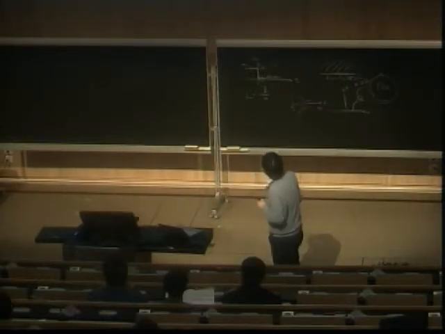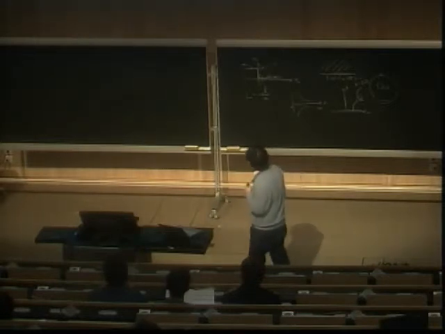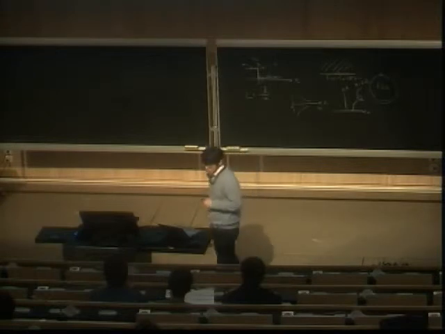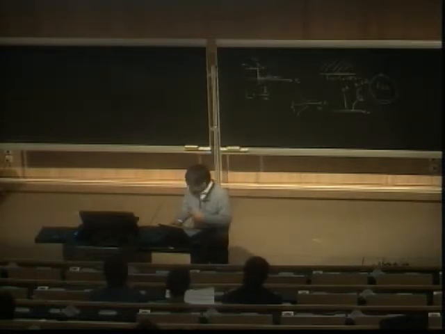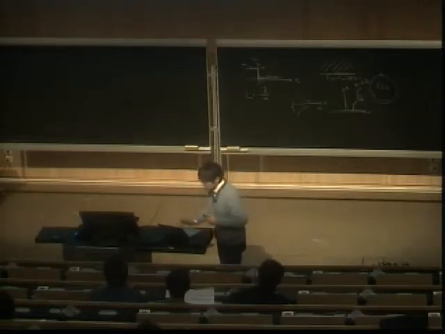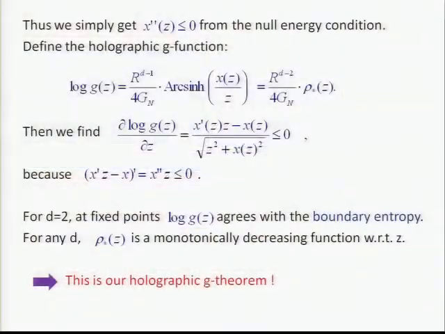And so in the end, this condition says that the second derivative of x is negative or 0. And so we can define this holographic g function in this way, some particular combination of x(z) over z, and we take the derivative of that.